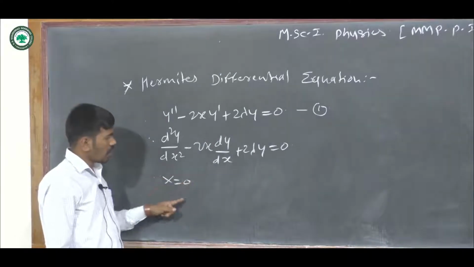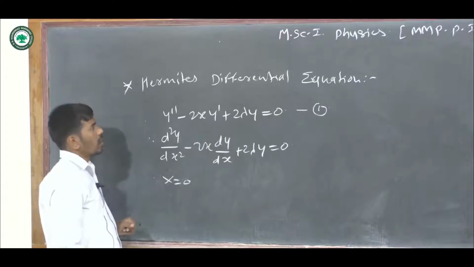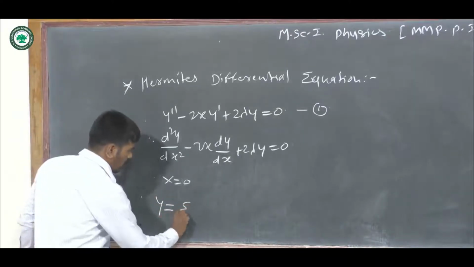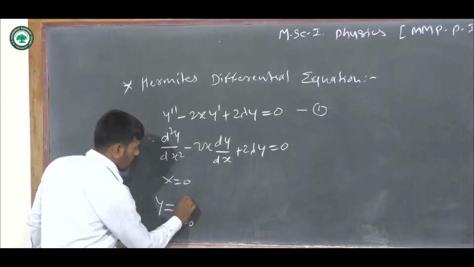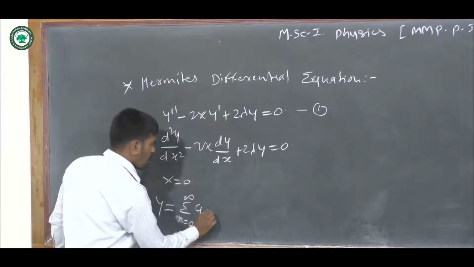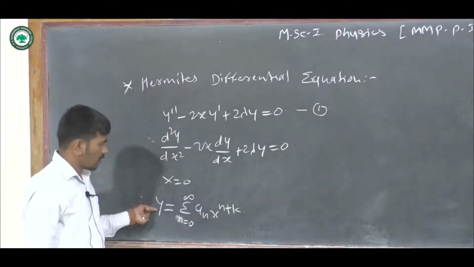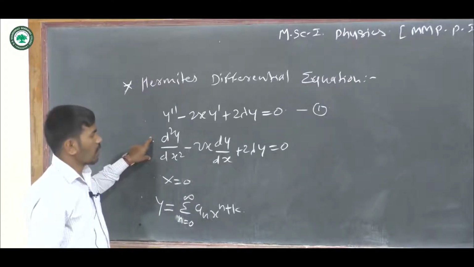If we expand around this point, we can get the series solution, that is y is equal to summation n is equal to 0 to infinity a n x power n plus k. This is the series solution of the Hermite differential equation.